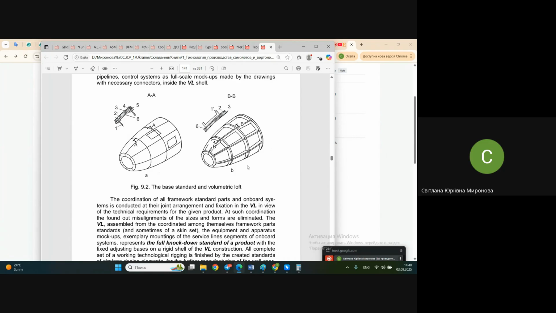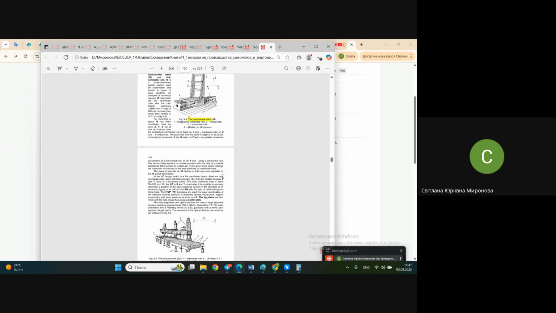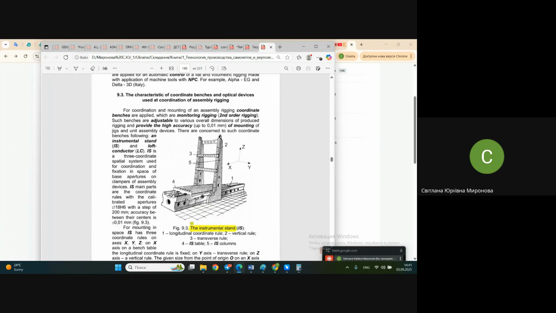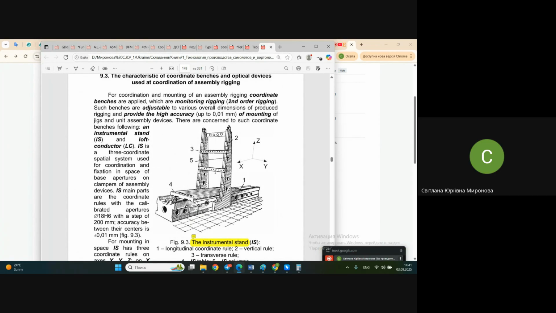Due to this, one more group of methods appeared which used, on one hand, lofts and templates, and on the other hand, while manufacturing big assembly jigs, used measurement, but the measurement was very specific. Rulers. What is it? It's a ruler for measuring the sizes.